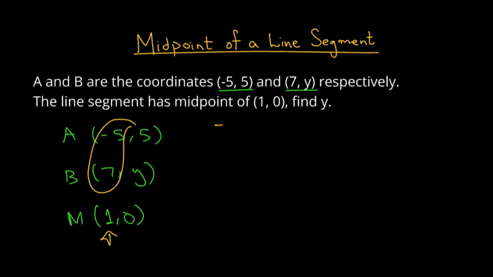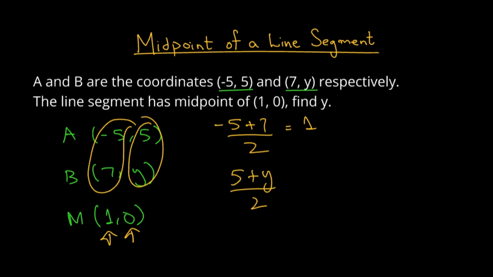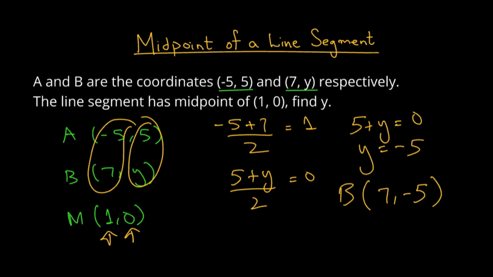As you can see, -5 plus 7 divided by 2 equals 1. So the average of 5 and y should equal 0. So 5 plus y divided by 2 equals 0. So 5 plus y equals 0 and y equals -5. So the point B is 7, -5.